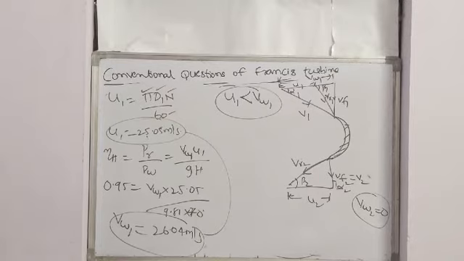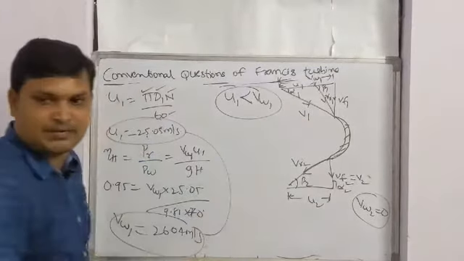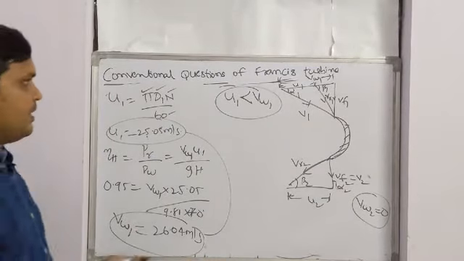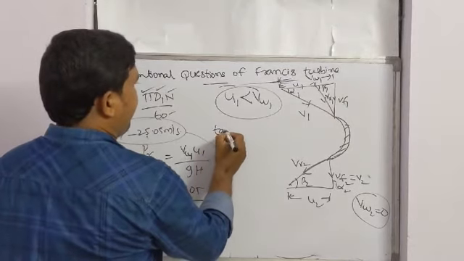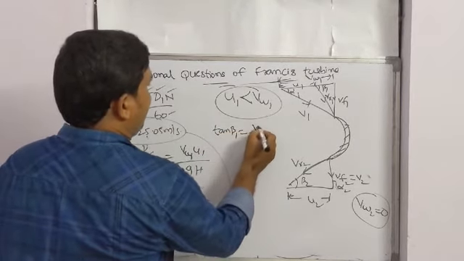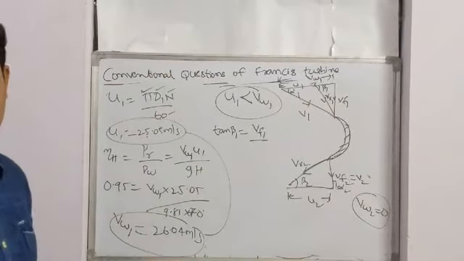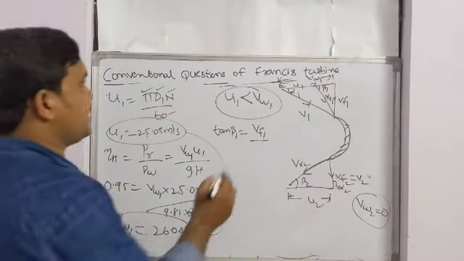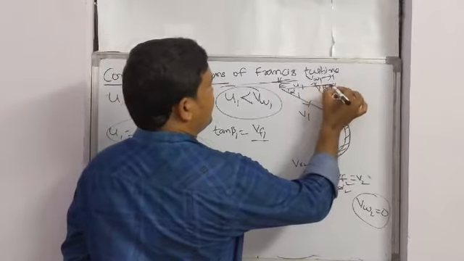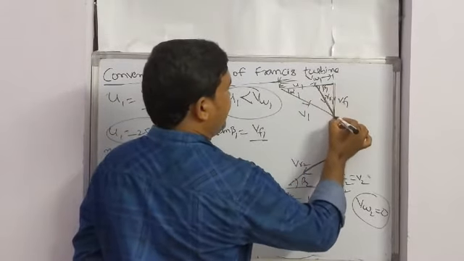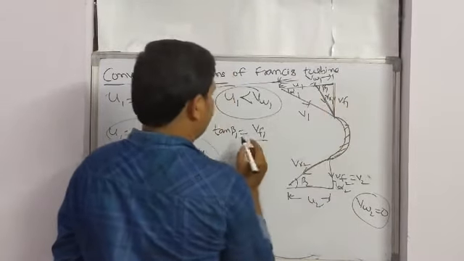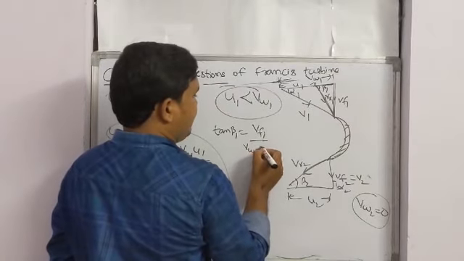Then from the inlet velocity triangle, tan beta 1 is equal to the opposite side Vf1 by the adjacent side Vw1 minus u1. This triangle we should consider. This portion we require, Vw1 minus u1.